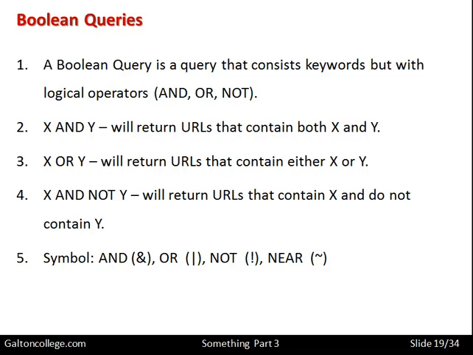It's worth playing with these. Bring up any search engine, bring up Google and just type in searches and add in Boolean queries. Just modify the searches using these Boolean additions and see what comes up.